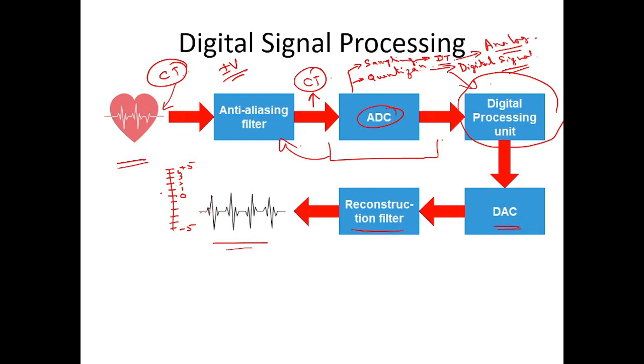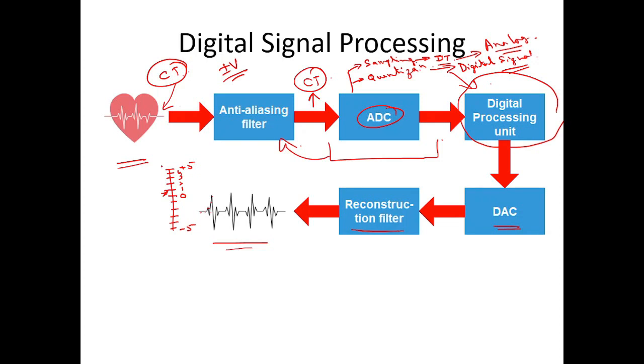If the amplitude value is 0.5, it will be rounded off to 1. If it is 0.49, it would be 0. So even a 0.01 volt difference causes a marked change in the values. We are incorporating some errors, and this error is called quantization error.